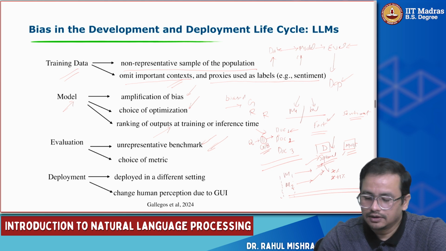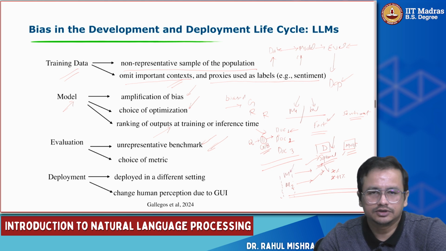So you will optimize your model to perform better on this data set, and indirectly you are tuning your model with the objective of keeping the bias.